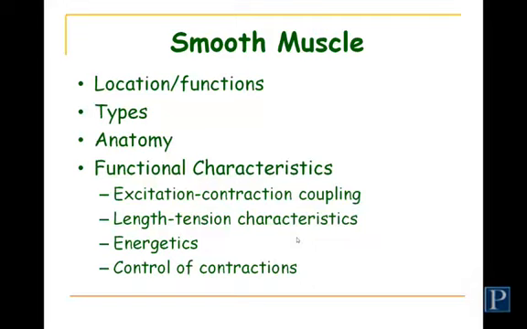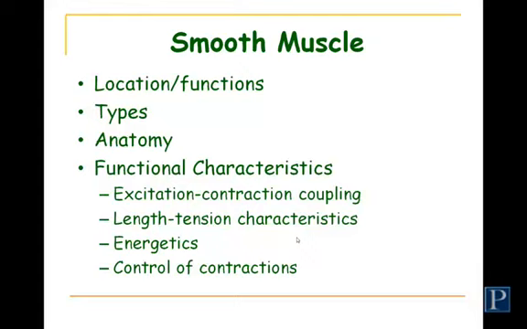We will look at the anatomy of smooth muscle, and it's very important that as you're listening and taking notes, you always try to see how it differs from skeletal muscle. That's a big thing to try to remember. We're also going to look at the various functional characteristics of smooth muscle, and again, try to remember how it differs from skeletal muscle.